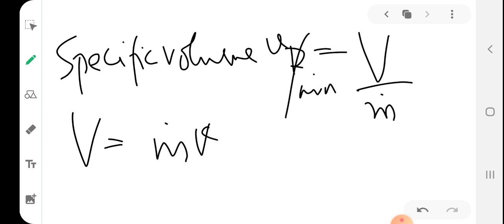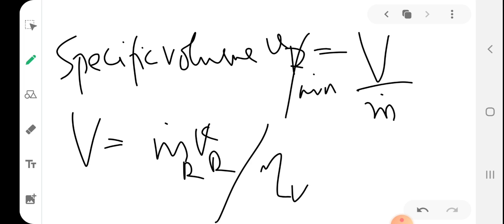Since the efficiency is given, you have to divide it with the efficiency. So students, m dot is known, efficiency is also known, but you don't know the specific volume.